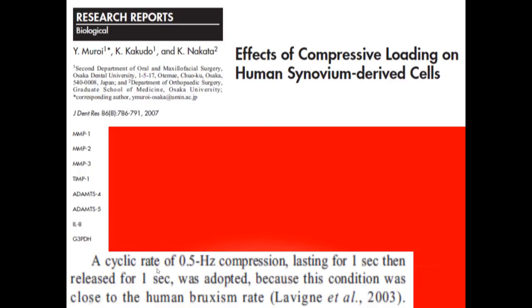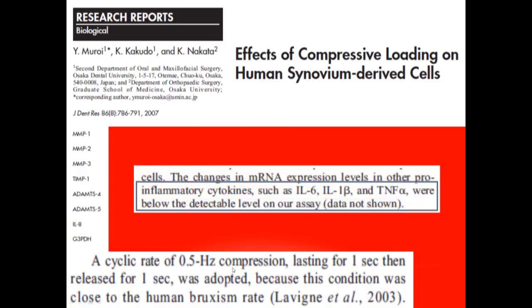So when they applied these compressive forces to the synovial tissue biopsy, what they found out was those inflammatory cytokines were not part of the detectable assay levels. They weren't being produced.